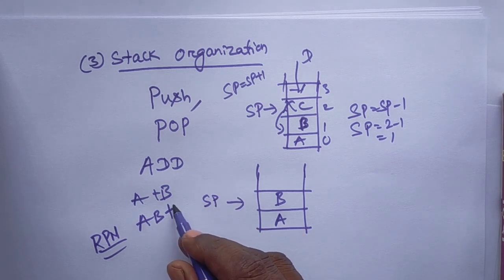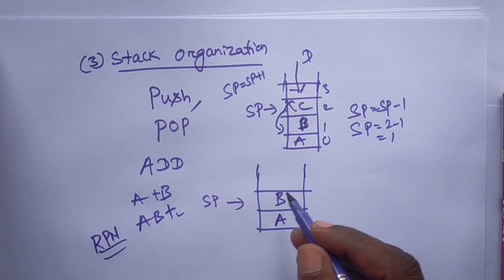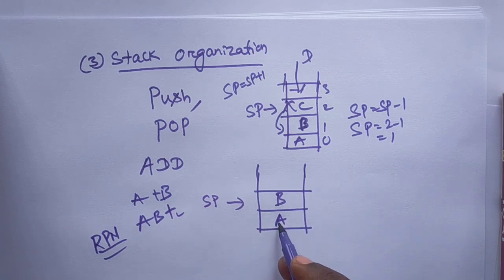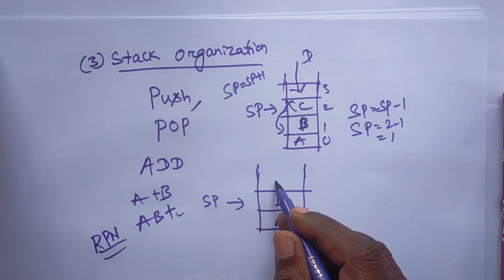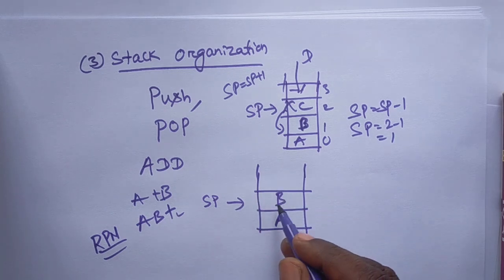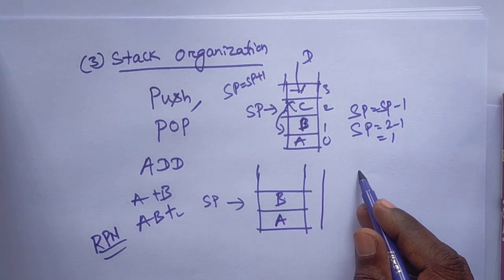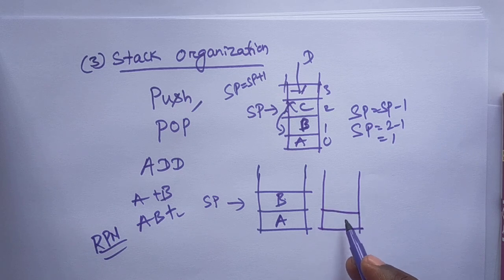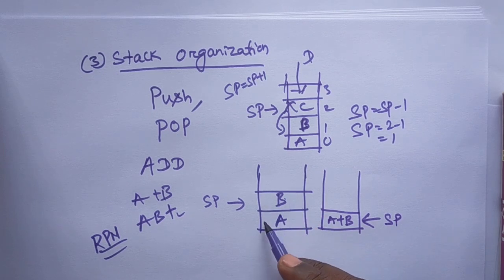Whenever the plus operator comes, it immediately starts the addition of A and B, and stores that data here. Very simply, here is A plus B, the addition of the 2 data, stored here.